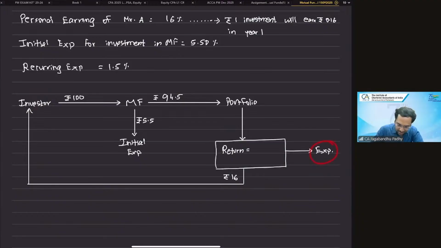And what is the expenditure that we are going to pay? 1.5.